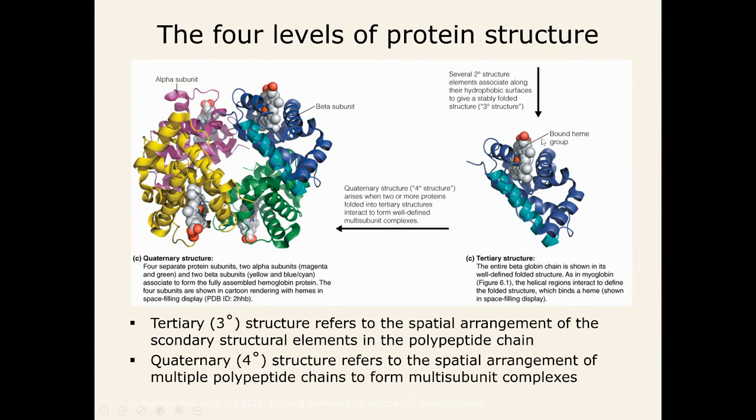Coming down here, once you get to tertiary structure, it's what I would call a well-defined folded structure, sort of the three-dimensional view of the folded protein. That can be usually spherical for things like enzymes, where it has an overall spherical shape.